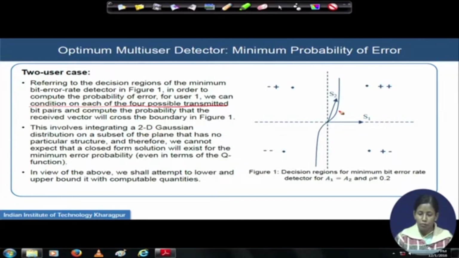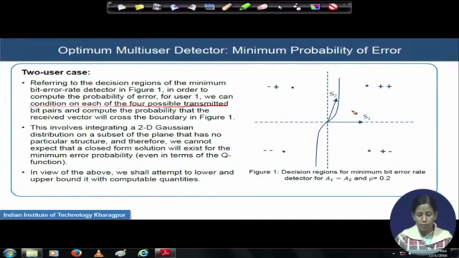Once we try to do it, it involves integration over the 2D Gaussian distribution on a subset of this plane, which has no closed form structure. Therefore, we cannot get a nice closed form expression, for example in terms of the Q function, if we involve this integration over the 2D Gaussian distribution.